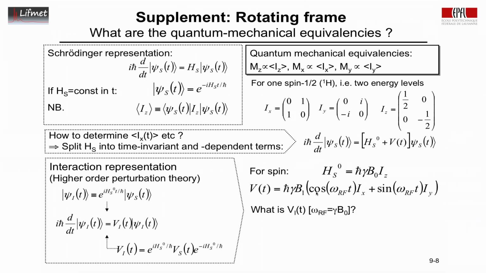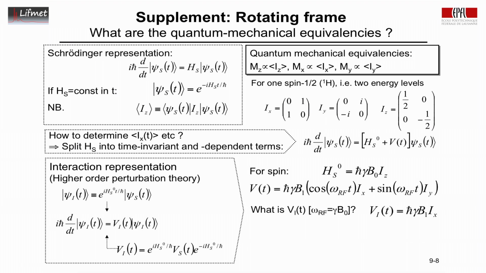Now how does this transform if we use an omega RF in this term that equals gamma B0? If we do this transformation, we'll find that in the interaction representation, this time variant term becomes time independent.